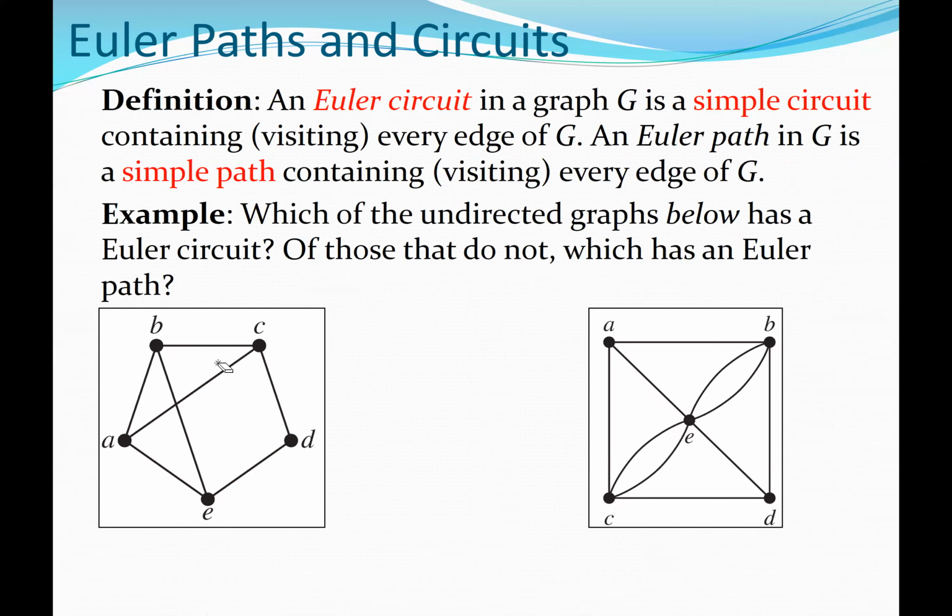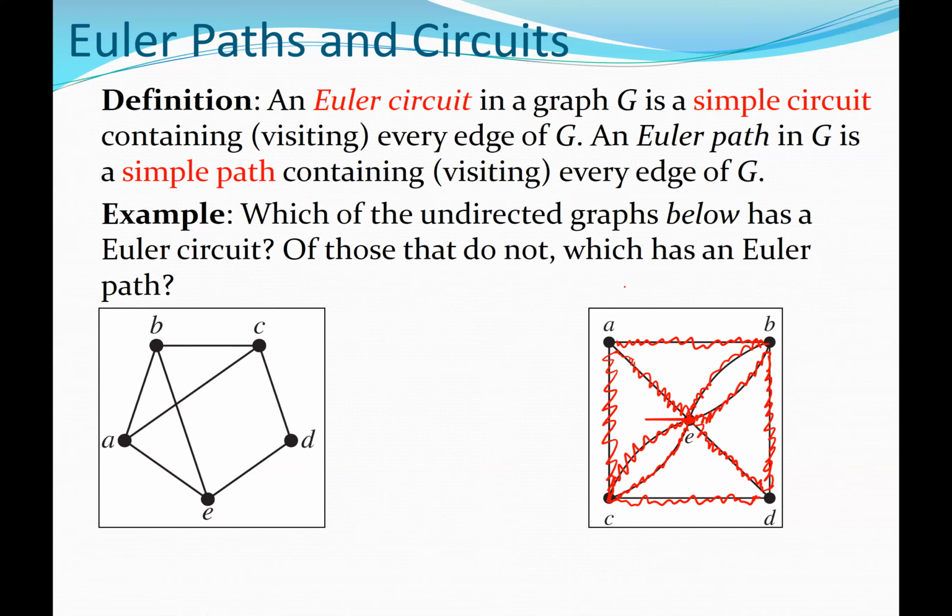So let's move on to this one. Let's see. Start from A, go to B. You can go to this one right here, go back to this, go back to that, and on through the remaining edges, until you end.